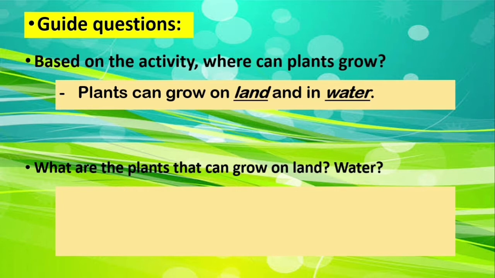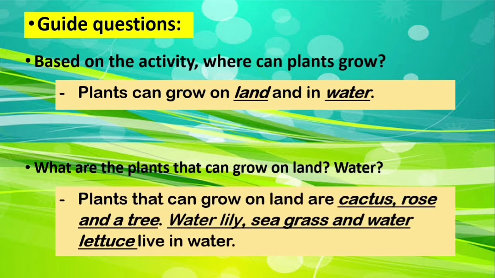What are the plants that can grow on land and in water? Very good. Based on the activity, the plants that can grow on land are cactus, rose, and a tree. Water lily, seagrass, and water lettuce live in water.